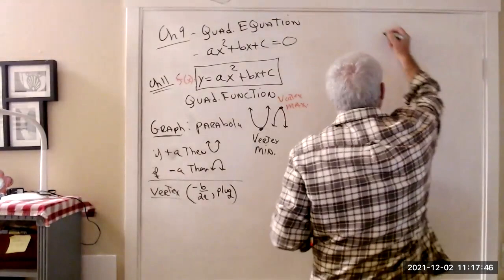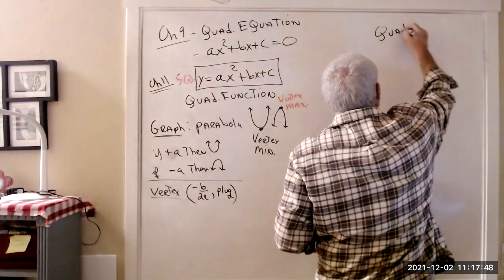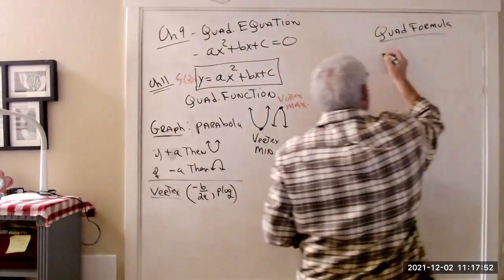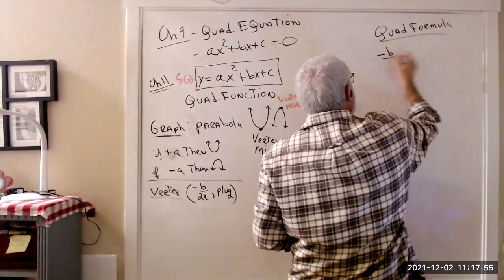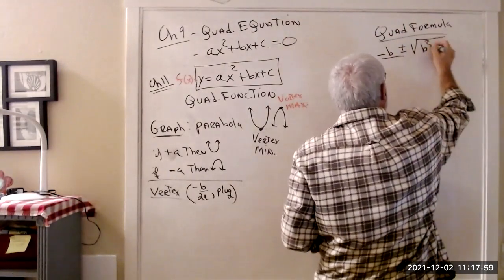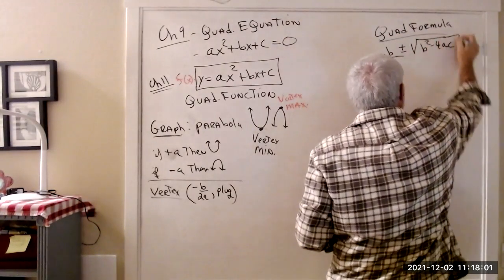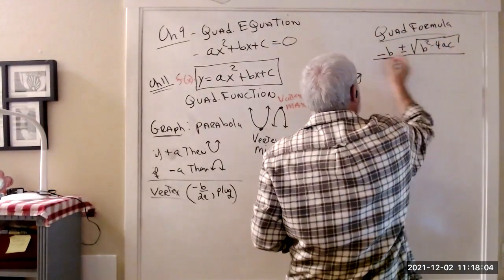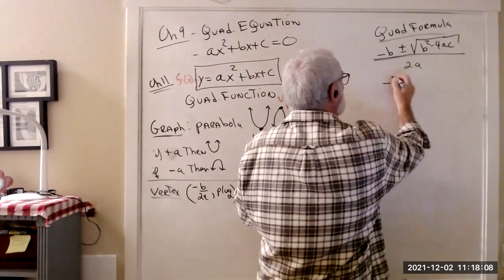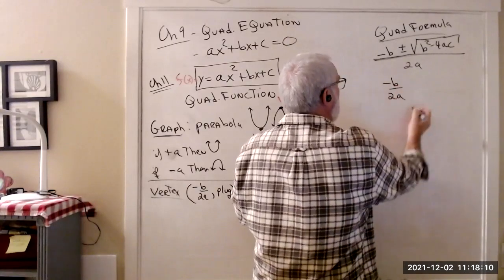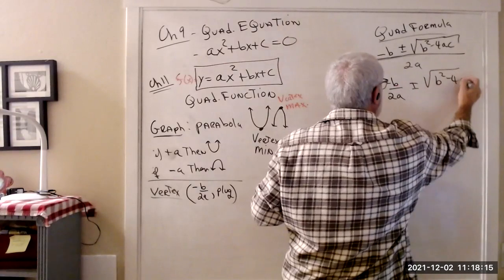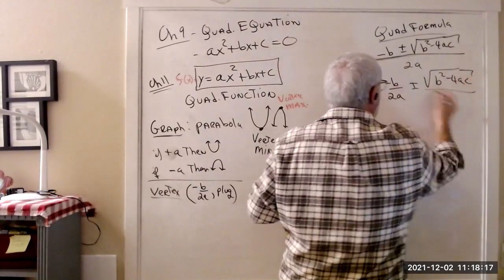But the quad formula was negative b plus or minus the square root of b squared minus 4ac, all divided by 2a. Or if you take it apart, it was negative b over 2a plus or minus the square root of b squared minus 4ac over 2a.